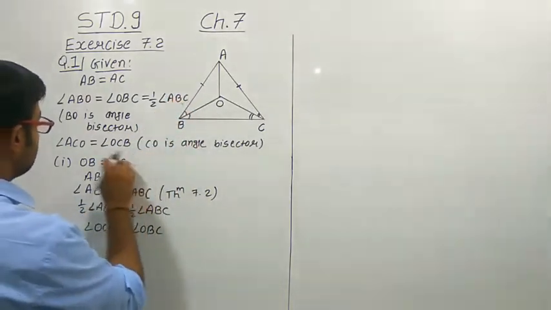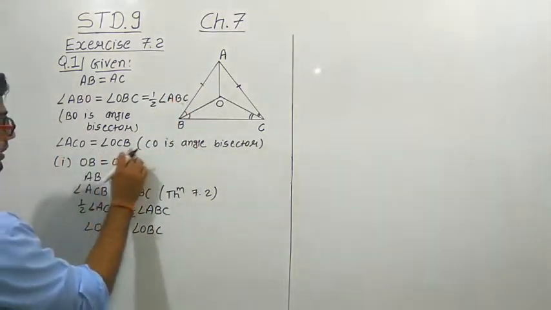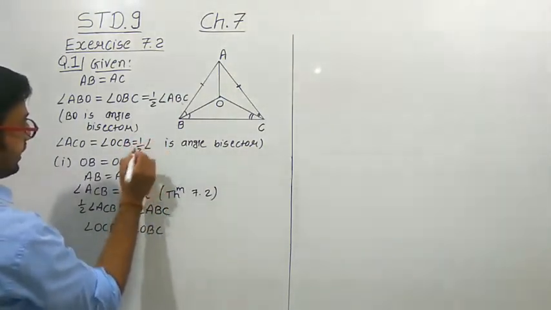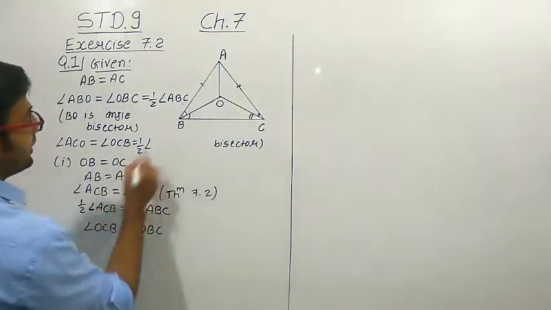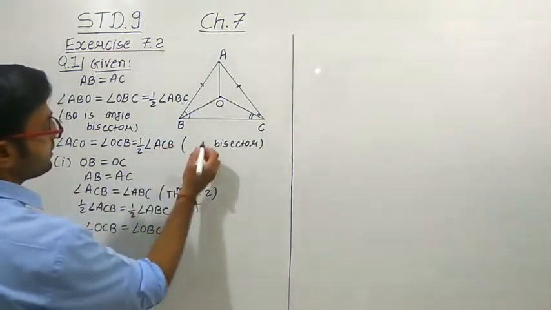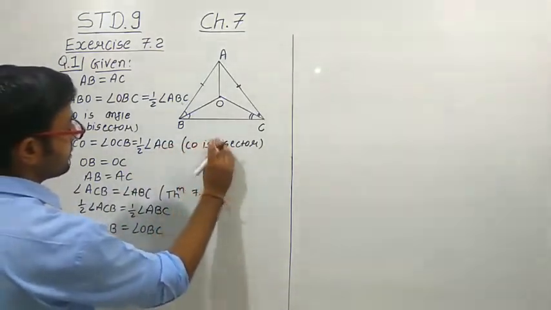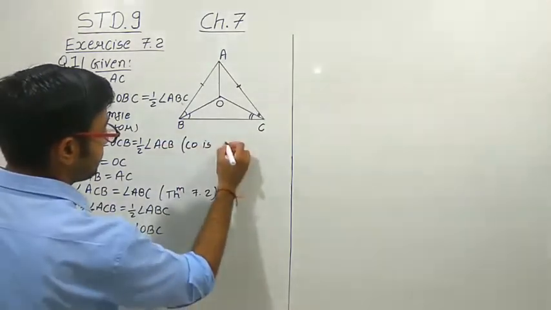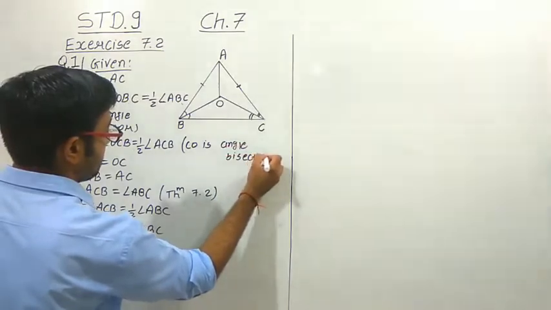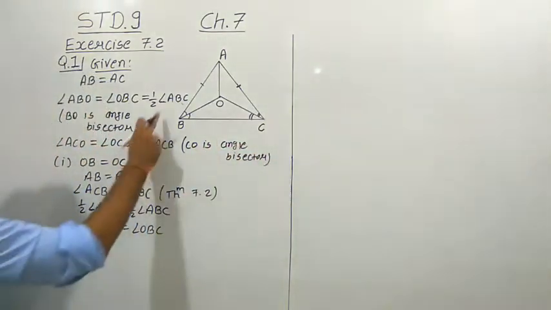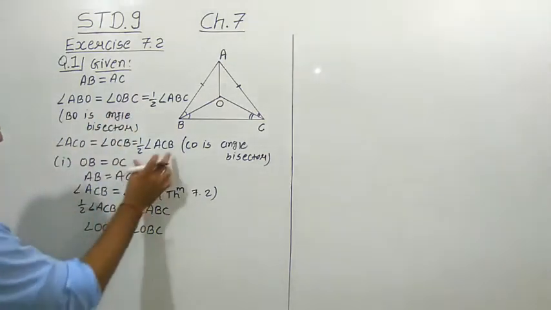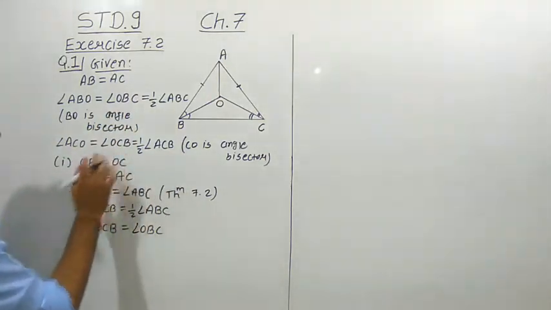And here these two angles are equal, and each is equal to 1/2 of angle ACB. This we can write as CO is the angle bisector. So now you can understand that instead of half of angle ABC, we can write angle OBC, and instead of half of ACB we can write OCB.